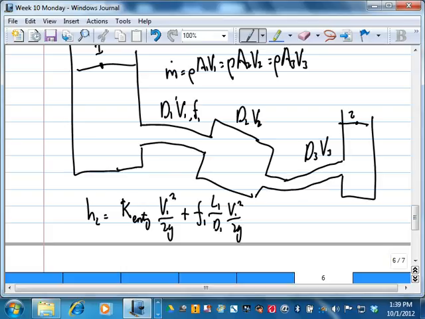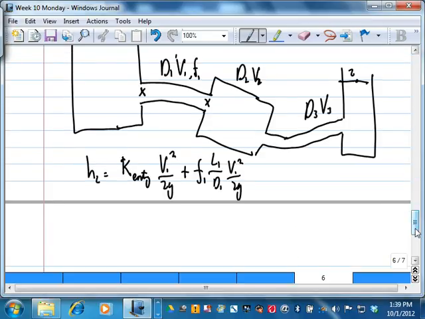Now, here there's also a minor loss when you go from a small pipe to a big pipe, or from big pipe to small pipe. Anytime there's some disturbance to the flow instead of just a pipe, there will always be some losses. So plus K expansion.